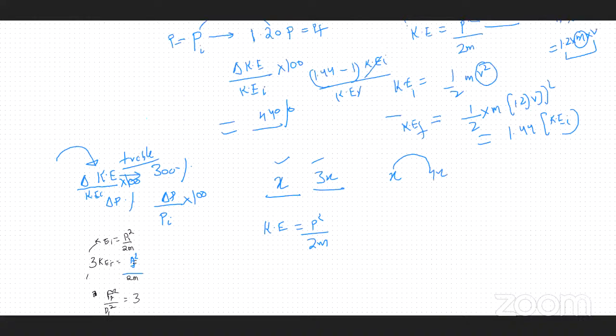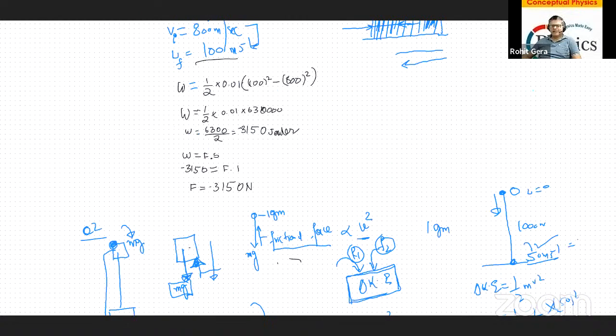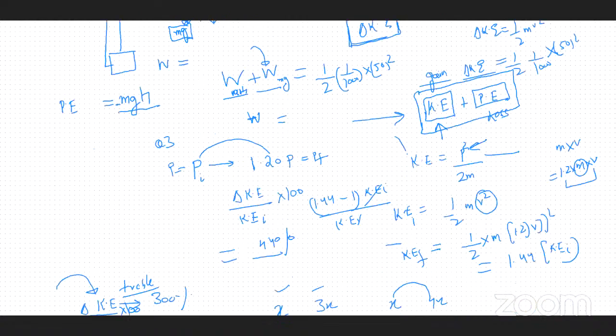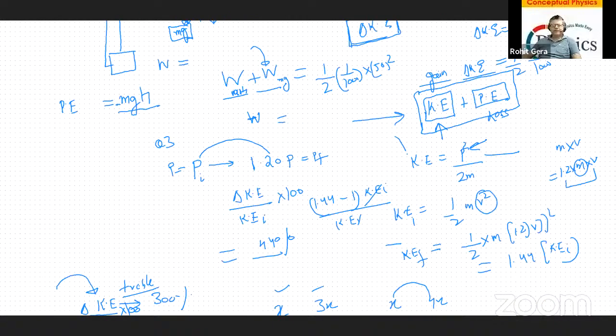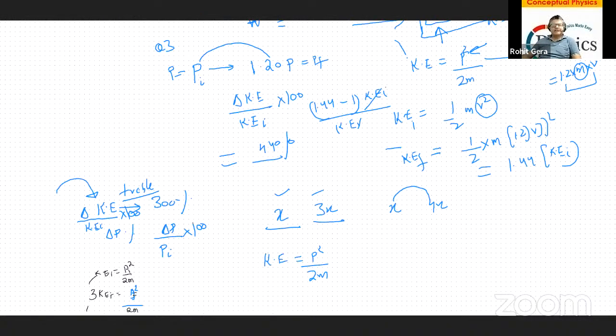Okay, so this is what we will do. We will continue to do some numericals on this, and then we will move to the next topic of potential energy. Once we clear the hurdle of potential energy, we will club both the mechanical energies and then start doing questions which are a bit tricky, in which the work done will also result in another change of mechanical energy, which is potential. So today we will keep doing kinetic energy.